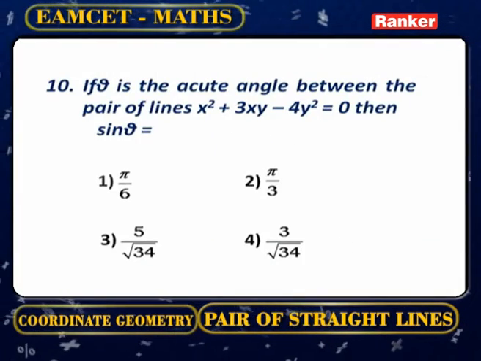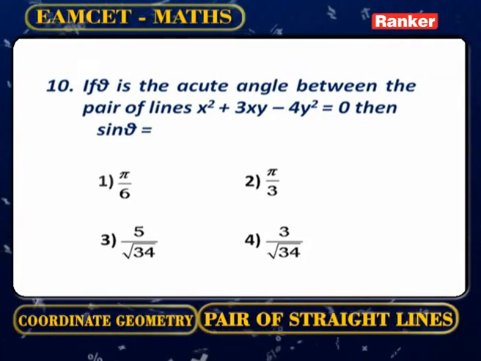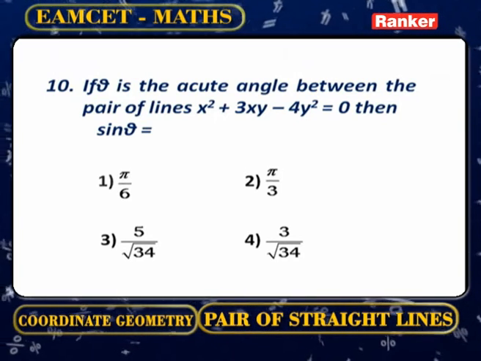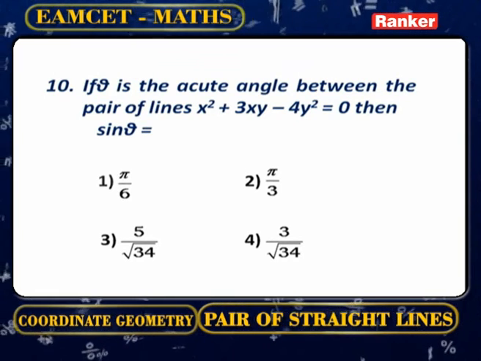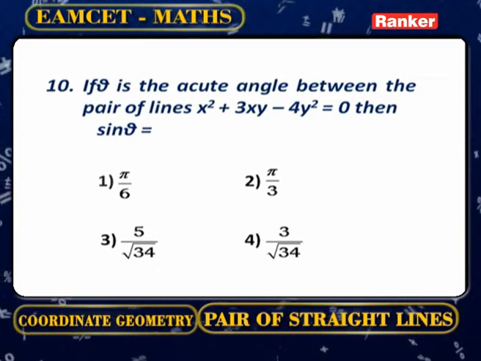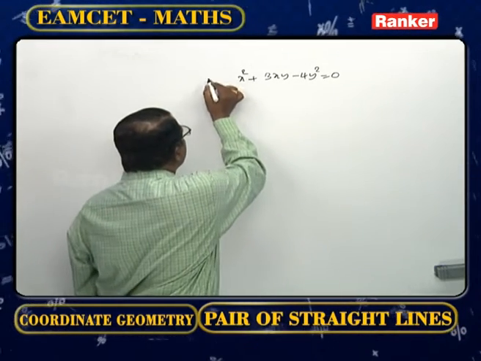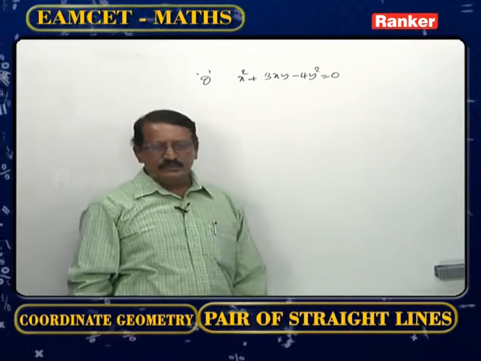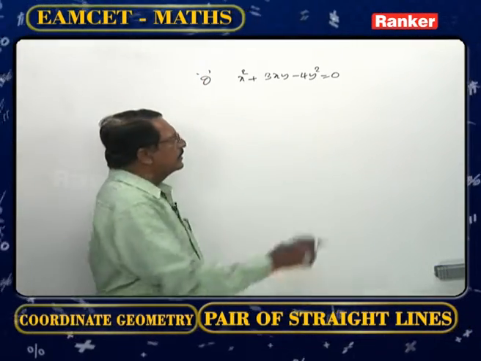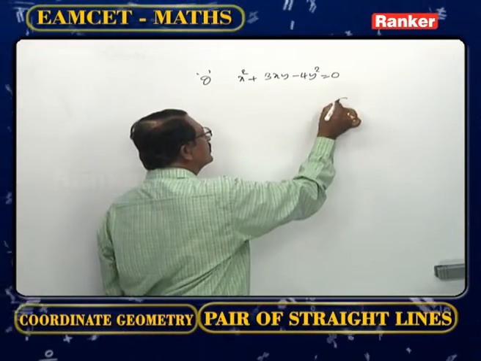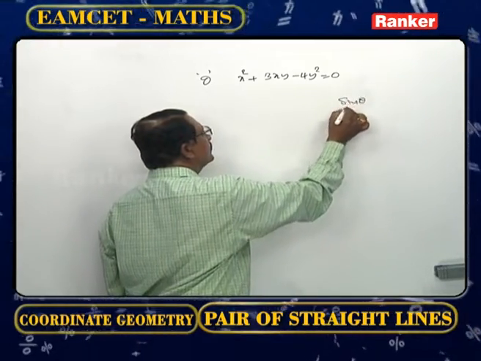If theta is the acute angle between the pair of lines x squared plus 3xy minus 4y squared equals 0, we are required to find the value of sin theta.